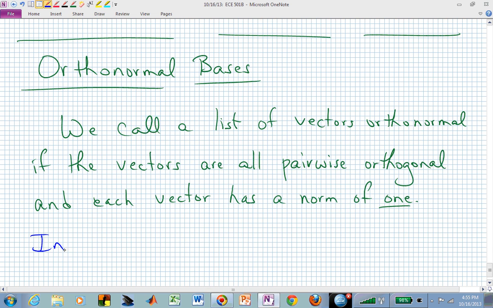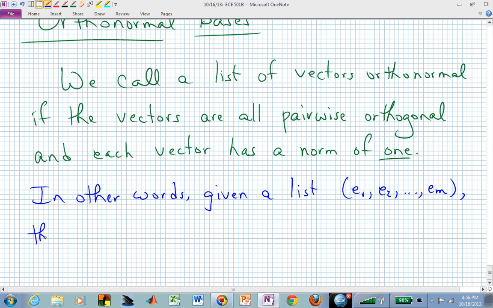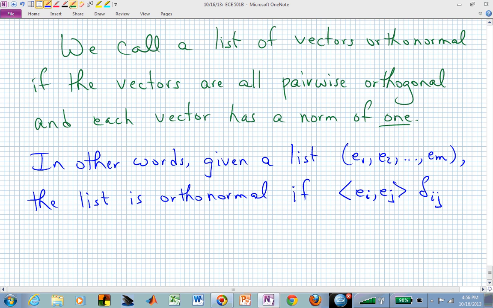In other words, given a list, let's say E1, E2 up to E sub m, that list of vectors is orthonormal if the inner product of, let's say, E sub i with E sub j is delta sub ij, where this delta sub ij is the Kronecker delta.